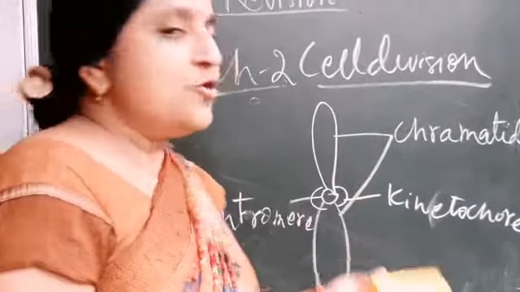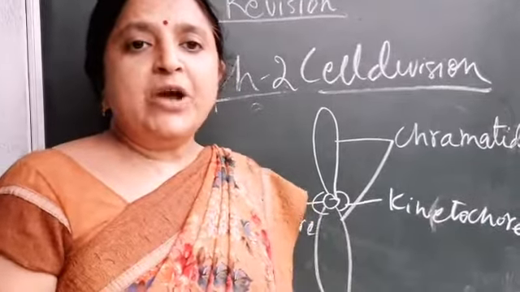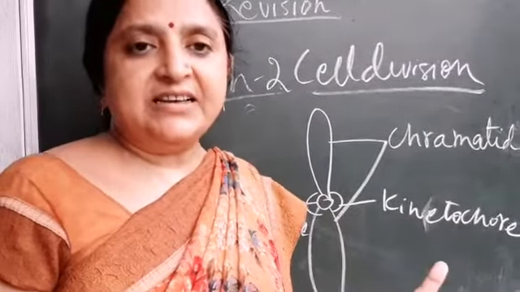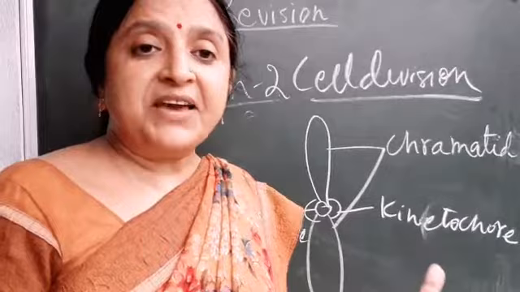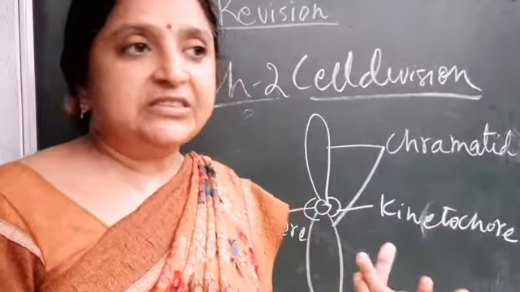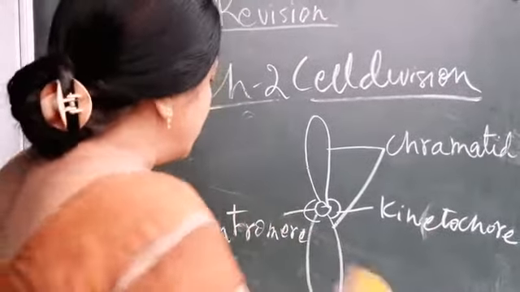This kinetochore helps the chromosome attach to the spindle fiber at the time of cell division. This is all about the structure of the chromosome.